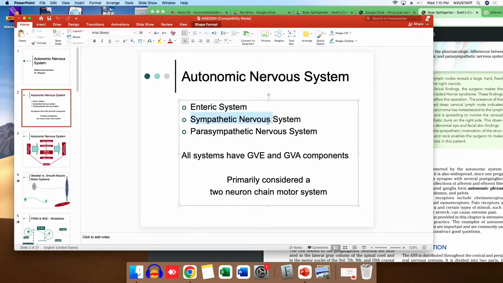We have the sympathetic nervous system, and we have the parasympathetic nervous system. Both of them, sympathetic and parasympathetic, and also the enteric nervous system, have preganglionic and postganglionic nerves mostly, and they have their own synapses, let's say.